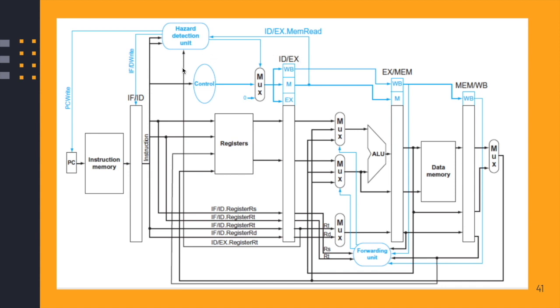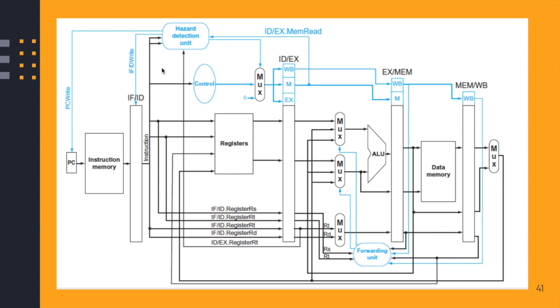So id/ex.rt is entered to the hazard detection unit, which is the target or the destination of the load instruction, which is instruction n, and it is also taking the rs and the rt of instruction n plus 1 from the if/id pipeline register. So if/id.rs and if/id.rt are going as inputs to the hazard detection unit.